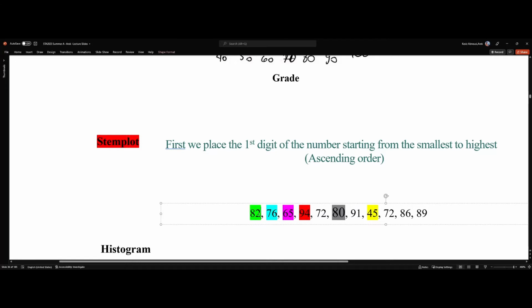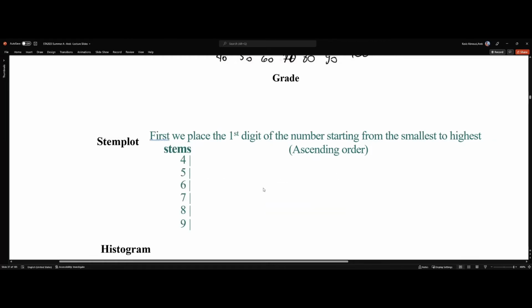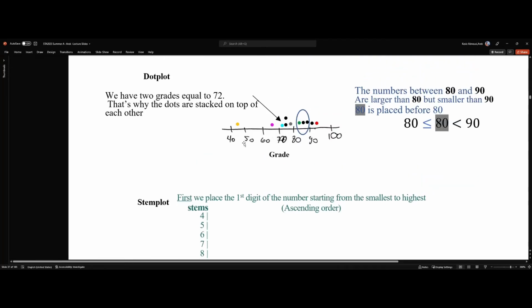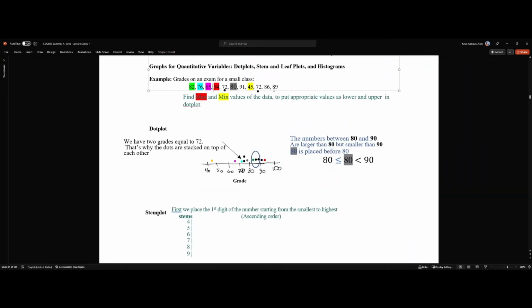So the leaf will contain 8, 2, 6, 5, 4, 2, 0, 1, etc., 6, 9. And the stems will contain the first digit. We put them in ascending order and you will see that. So we put them here like this, right? Let me put this again here.